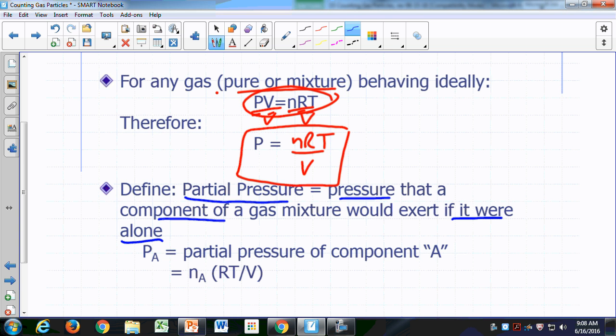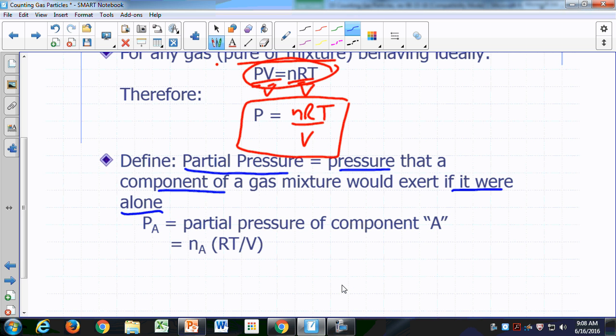So if you imagine one component of the gas mixture were alone in that mixture, if you can somehow wave your magic wand and make the other molecules disappear, then the pressure that that component of the mixture would exert is called the partial pressure of component A. Well, the formula for partial pressure would just be moles of A times RT over V. It's the same because now the total number of moles would just be whatever the moles of A you would have, and you would call that pressure the partial pressure of component A.